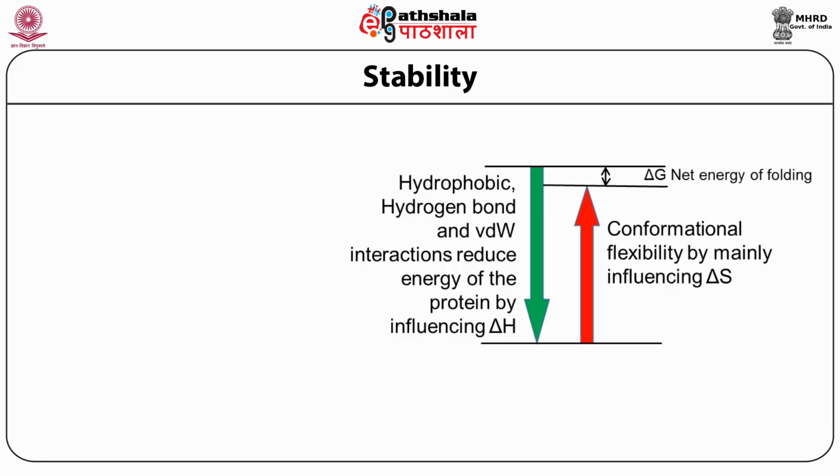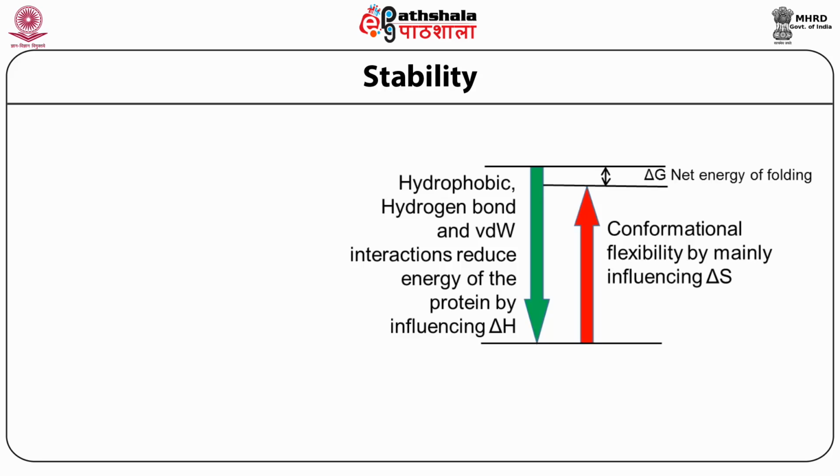Now, for example, hydrophobic interactions, hydrogen bonding interactions and van der Waals interactions, they all reduce the energy of the system by influencing delta H. Whereas conformational flexibility, that is the main factor, because in a structure there are many loops and they all have freedom, so they can move. That kind of conformational flexibility mainly increases the energy by influencing the delta S, which is actually entropy change.